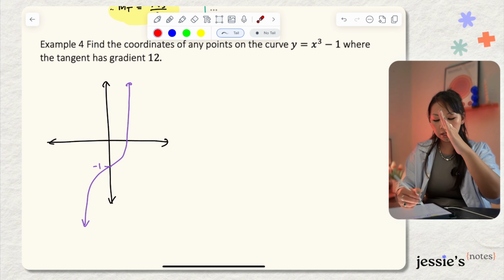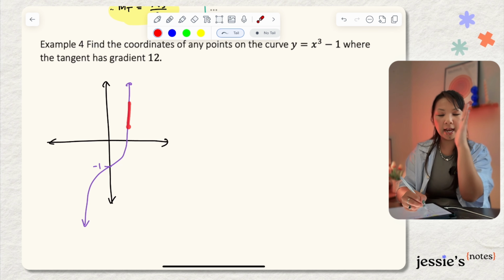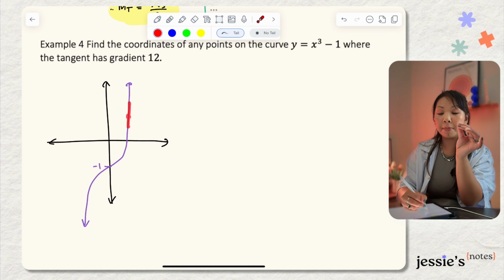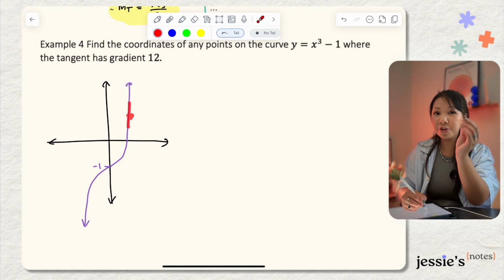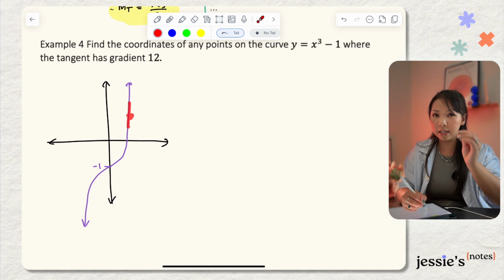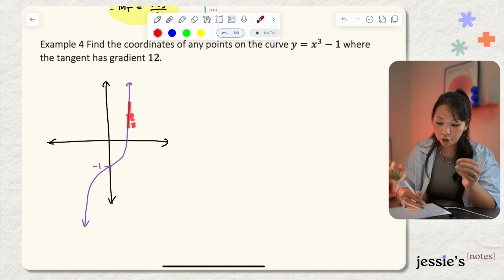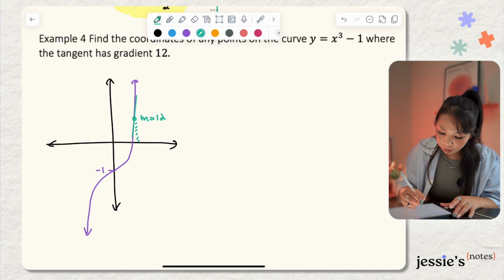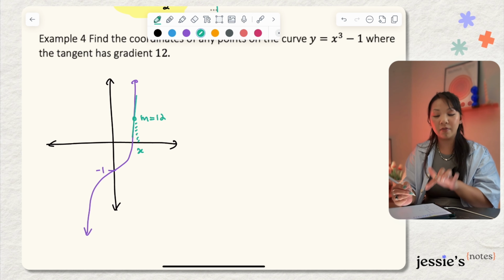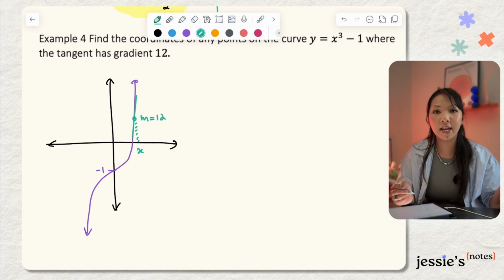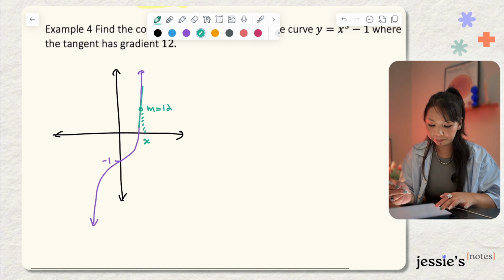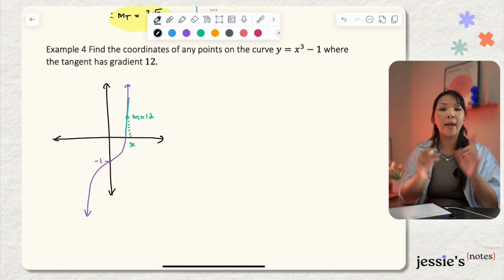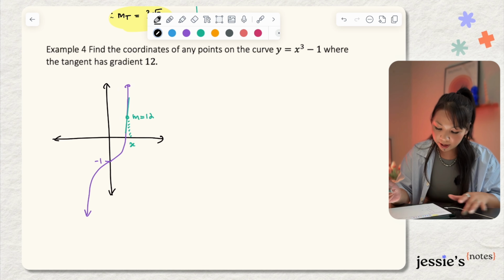At some point, I'm going to choose an exact x value such that the gradient is equal to 12. My job is to figure out what is that x value that corresponds to that gradient.